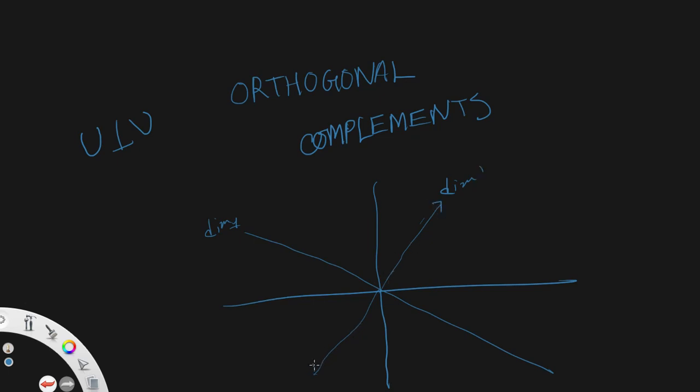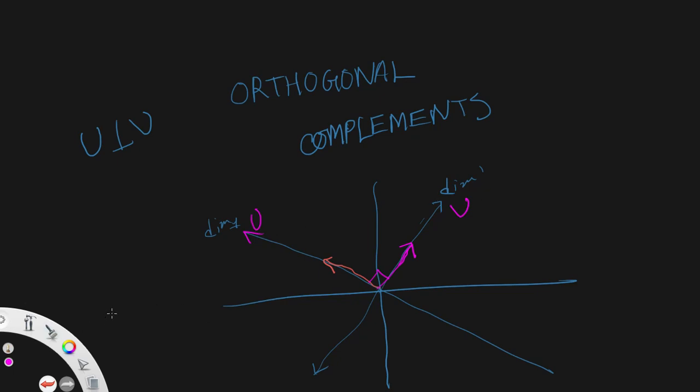Any vector on this line, let's take any vector from this line, and let me choose any vector from this line as well. They are going to be perpendicular, and this applies for any vector of these two one-dimensional lines. So we say that this vector space, let's call it U, and this line, let's call it V, these two vector spaces are orthogonal.